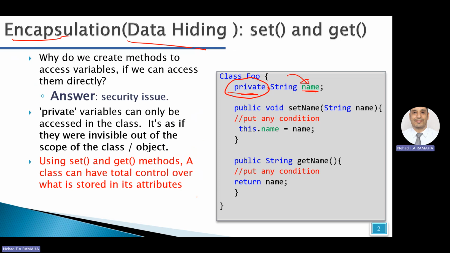So any other class creating an object from this class Foo, for example inside the main, like this, Foo f1 equals new Foo, then you cannot say f1.name equals something.